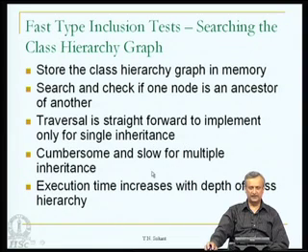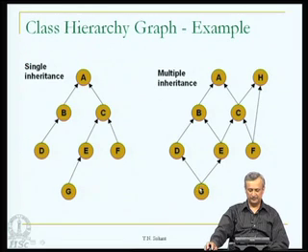If it is multiple inheritance, there is too much checking, and it is not a very profitable issue. For example, here suppose we want to check whether A is an ancestor of G. Here we need to actually check all paths from G towards A, and we do not know which one of these go towards A and which one of these do not go towards A. So, we will have to check maybe G, D, B, A. We will be very fortunate if we take this path, because we hit A right now and we can terminate the search.